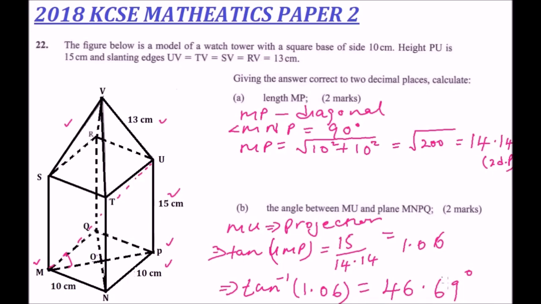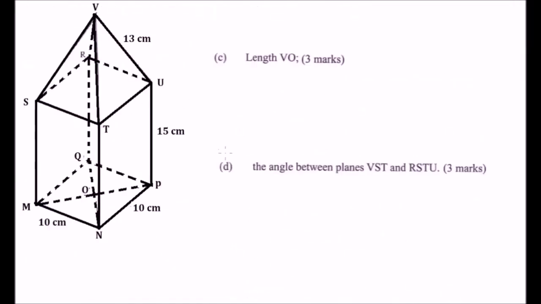So let's move to part C of the question. Part C, we are told to find the length of VO. Now VO is from the top all down up to where we have point O, that line. So we can say up to that point it is 15 centimeter.